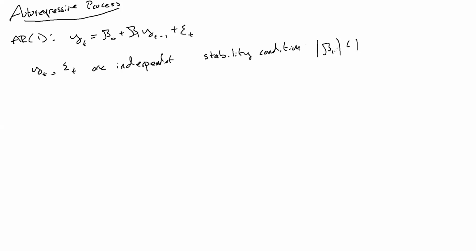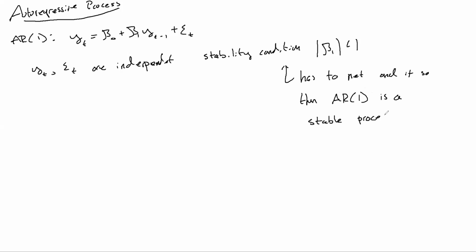If this is met, then the first order autoregressive process is a stable process.